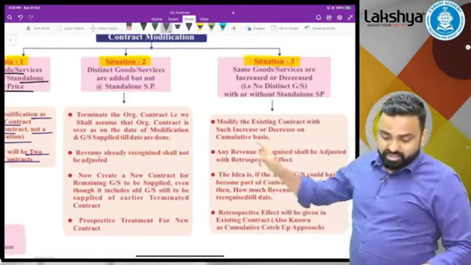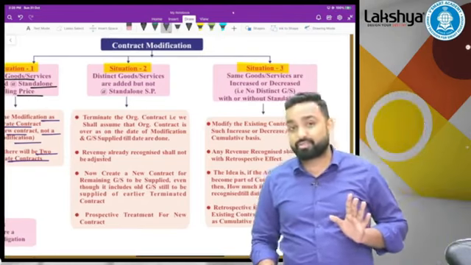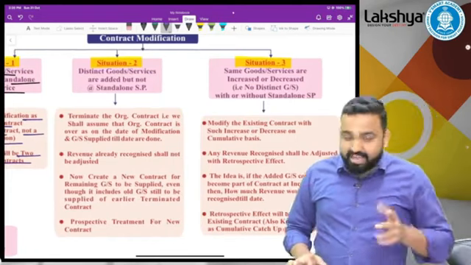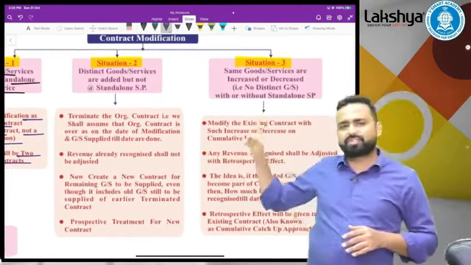Now, situation number 2. Situations 2 and 3 are the most important situations. We have two or three questions on these two situations also. I want you to read situation 2 first of all, not situation 3.